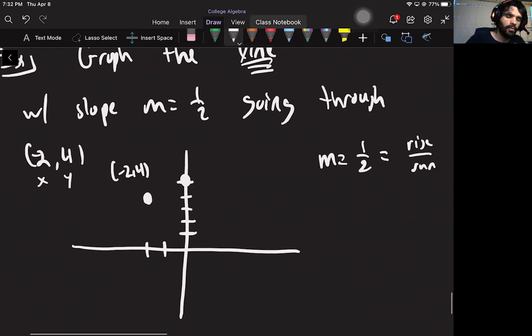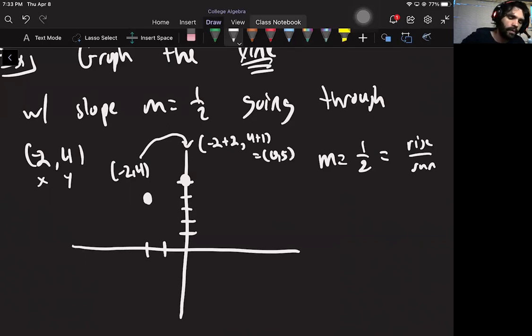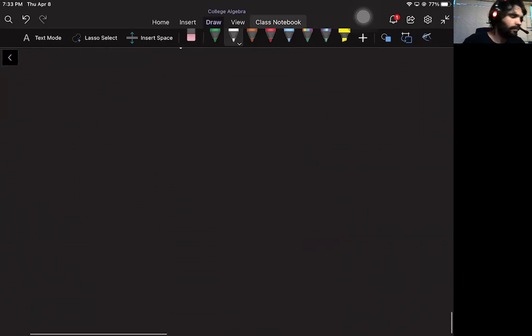And then I'm going up 1 more and right 2. So what I'm doing is I'm adding 2 to my x because I'm going right 2, and I'm adding 1 to my y because I'm going up 1 to take me to 0, 5, as I predicted by just drawing. Okay, so then we just draw a line, and that's it. All right, not so bad, I hope. Okay, so we don't even need the function sometimes.